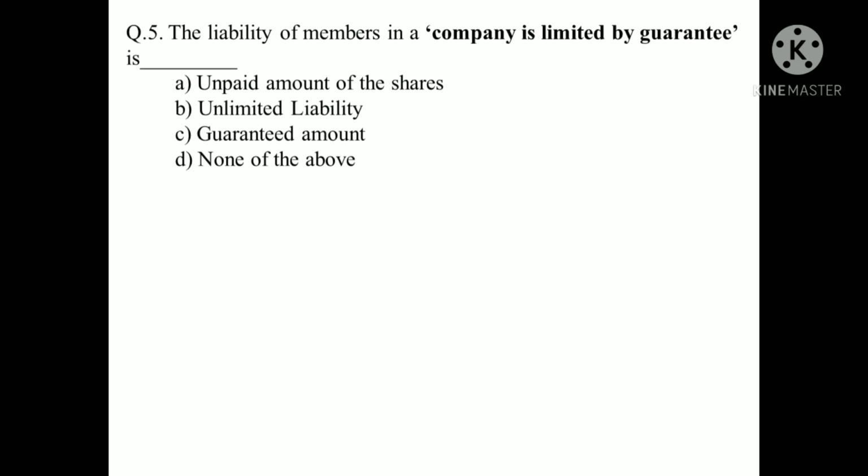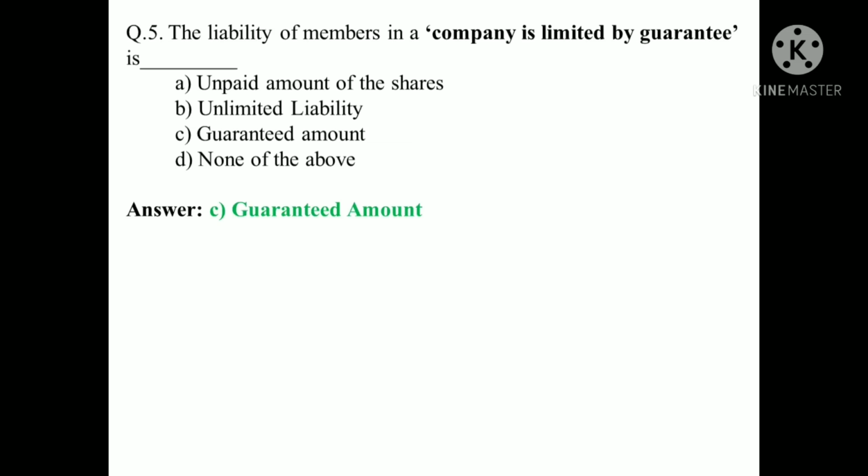Here the correct answer is C, guaranteed amount. Where the company is limited by guarantee, the liability of the members in a company limited by guarantee is guaranteed amount.